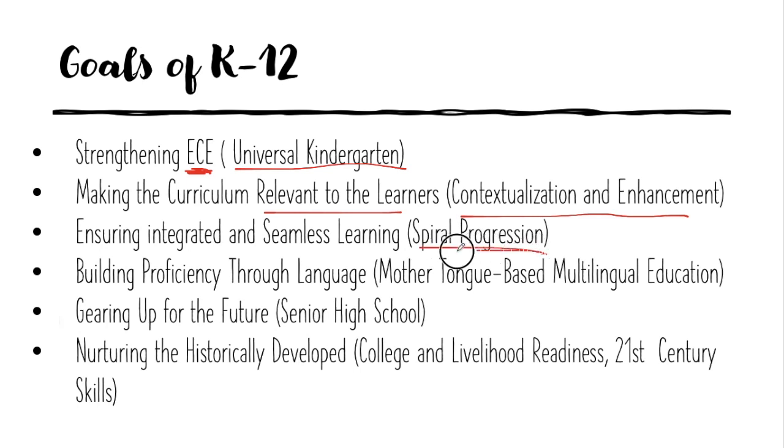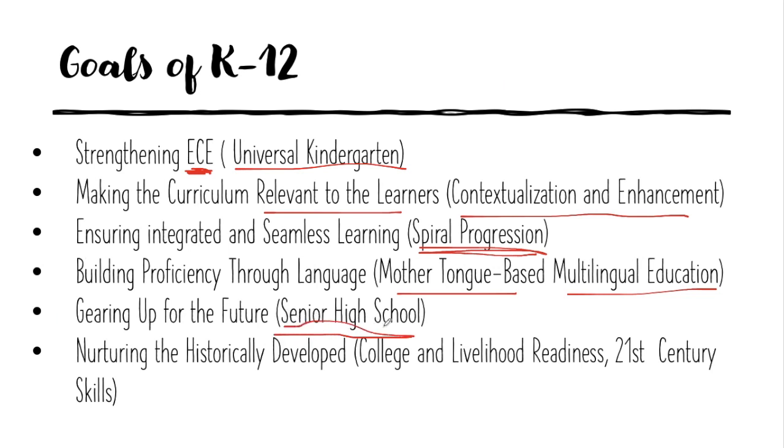The next goal is to ensure integrated and seamless learning. That's why they're using spiral progression. Then you build proficiency through language, that's mother tongue, your MTB, multilingual education. So now, we're not just using bilingual education, not just English and Filipino, but are also using the mother tongue. Next, the second to the last goal of K-12 is gearing up for the future. That's why you have your senior high school, where you have the different focus areas.